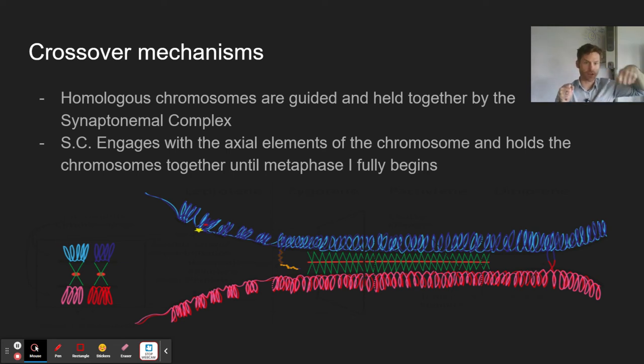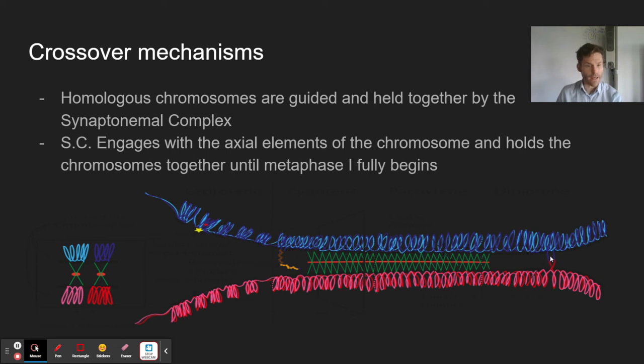If you sewed a big string between the axial elements, between the bars, tie them together, hold them in place. This complex will stay here throughout all of prometaphase, okay? And once metaphase fully begins, then it starts to fall apart and disappear. But for now, there's this protein complex that's holding together the homologous chromosomes.